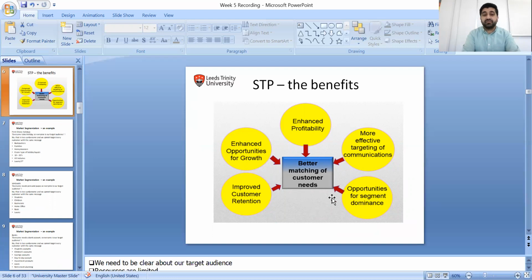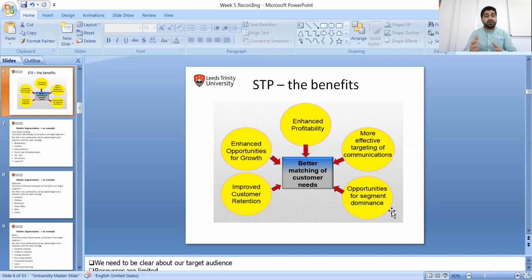Yes, better matching of customers' needs will enhance the opportunities for business growth. It will also enhance profitability. If your customers' needs are fulfilled, then definitely they will like your product, and they will buy your product, and your profitability will increase. More effective targeting of communication, as well as opportunities for segment dominance.